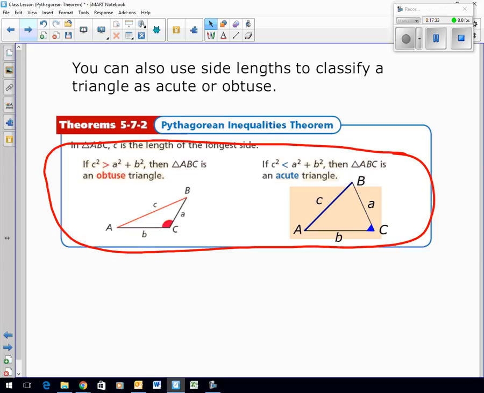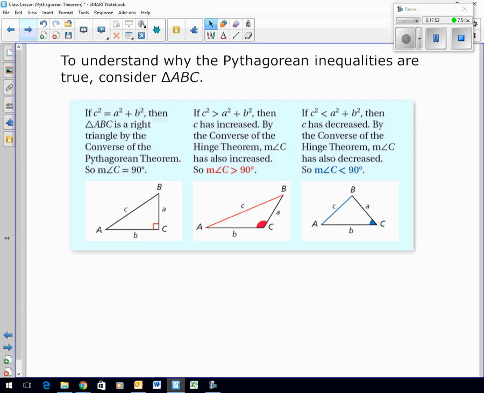And if the longest side squared is less than the sum of the squares of the legs, then I have an acute triangle.